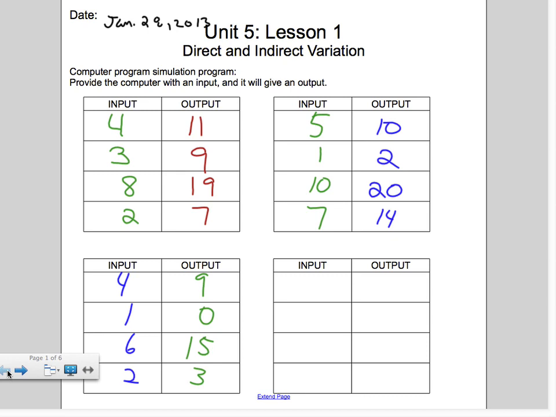Yes. So for input of 7, my output is negative 11. Any other numbers?